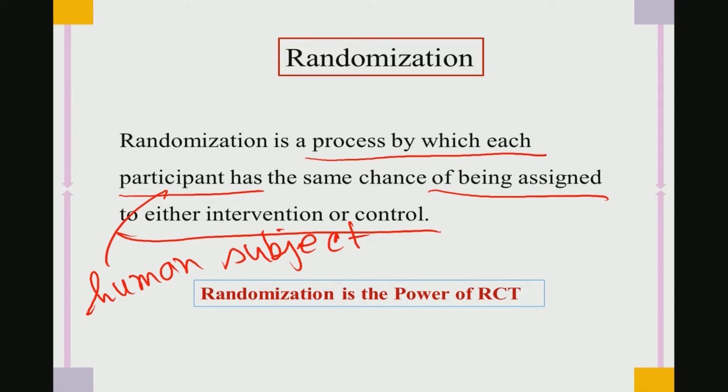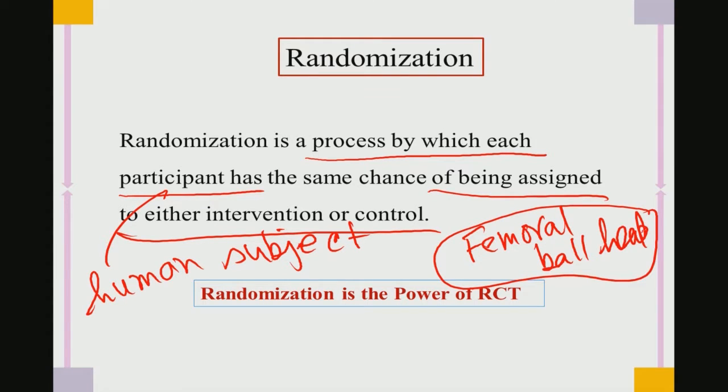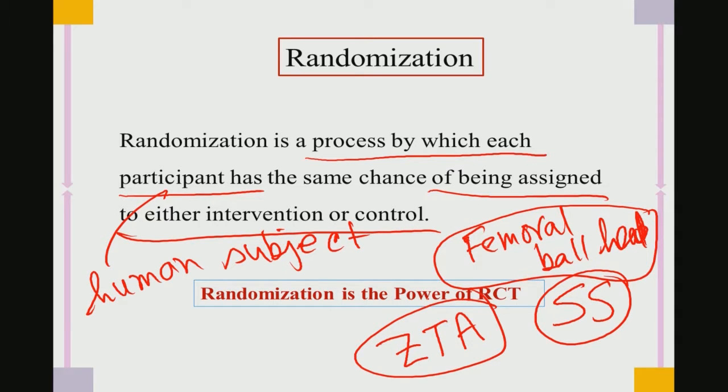What is the meaning of these clinical trials? Let us say some institution or research group would like to conduct clinical trials on the femoral head. There is one type of femoral head which is of research grade, like zirconia toughened alumina. Another type is a stainless steel femoral head or a cobalt chrome moly femoral head.